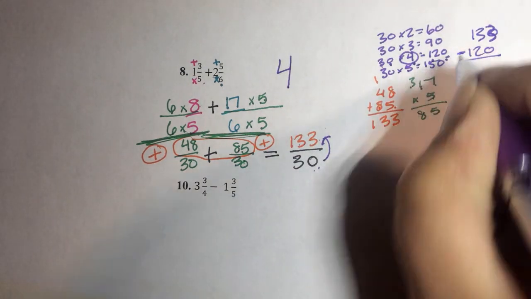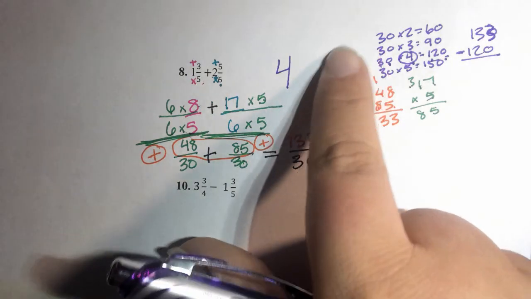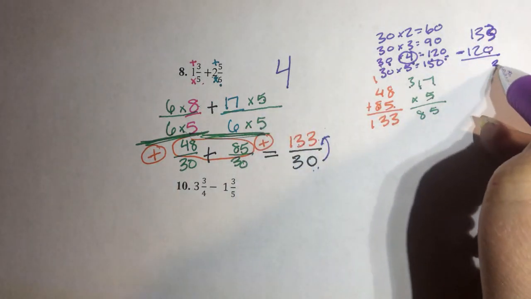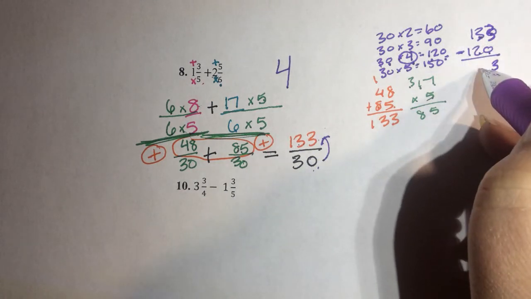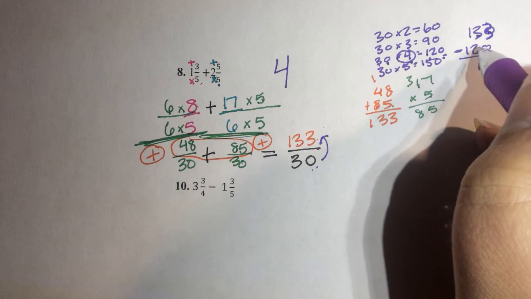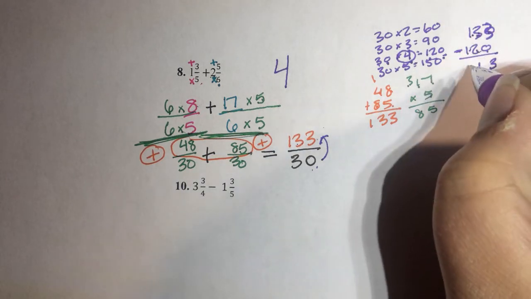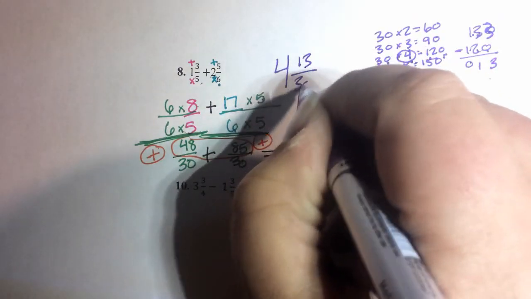So if I find the difference, I'll know how many 30ths I have for the fraction portion of my mixed number. 3 minus 0 is 3. 2 taken away from 3 is 1. And then 1 taken away from 1 is nothing. So I have 13 over 30.